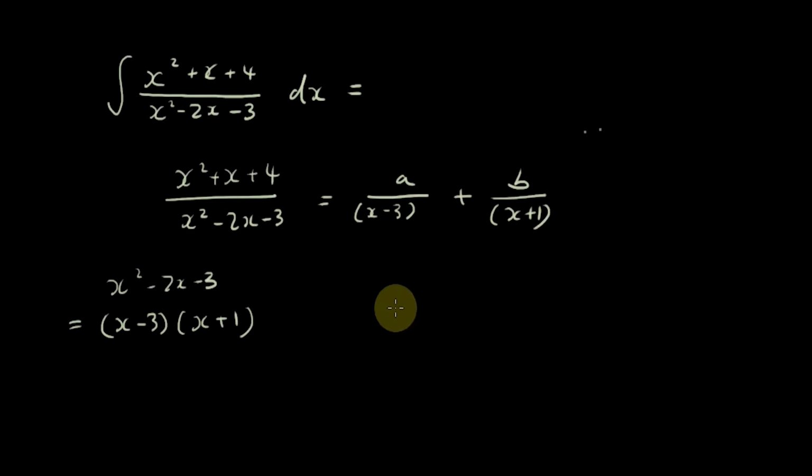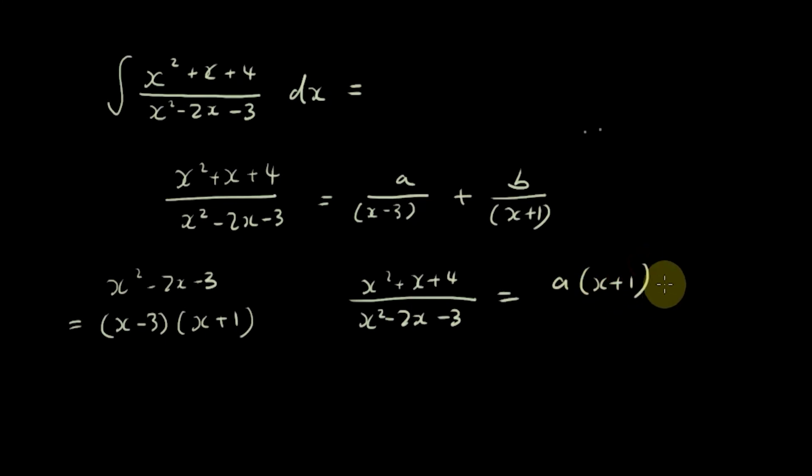Okay, so I can do the first part, but if I try to keep going from that, then on the left hand side I have x squared plus x plus 4 over x squared minus 2x minus 3. On the right hand side I then have A times x plus 1. Sorry, on the bottom it's x minus 3, x plus 1, because I'm combining the two fractions by adding them.